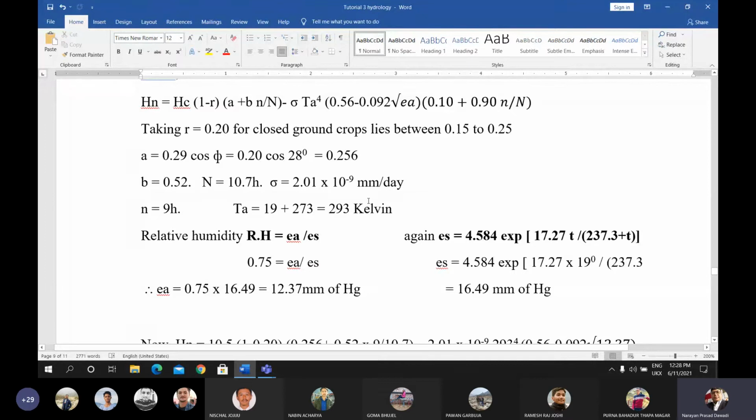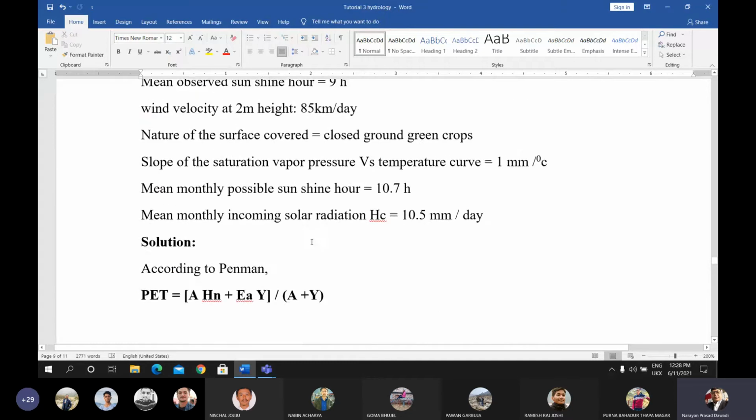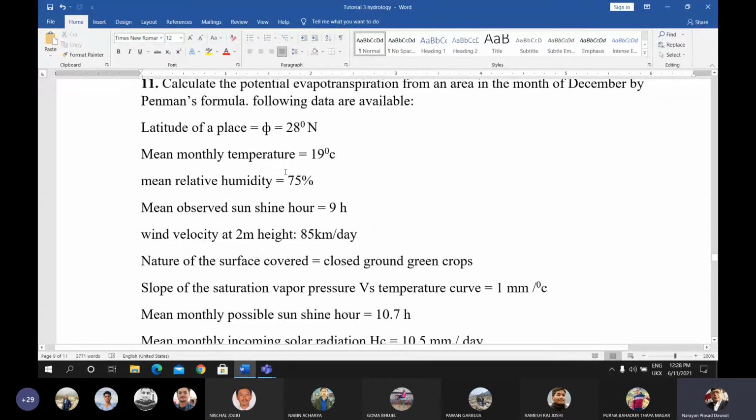Now the EA is the actual vapor pressure of the air. It is calculated with respect to the relative humidity, because we have been provided with a relative humidity of 75%. Relative humidity is the ratio of the actual vapor pressure of the air and the saturated vapor pressure.